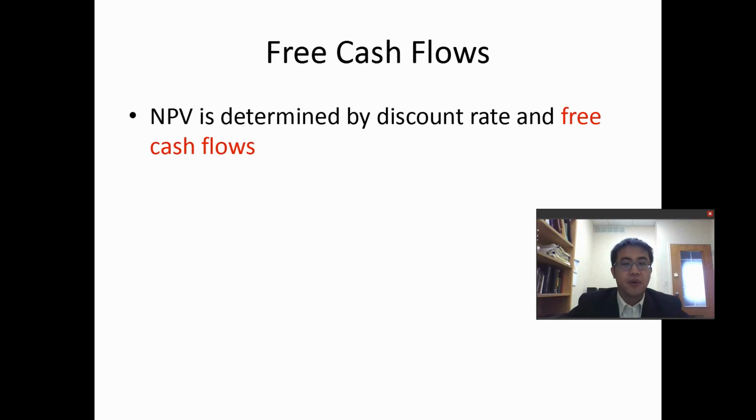So the first thing we want to know here is free cash flows. Our NPV is determined by the discount rate, which is the cost of capital. We learned that in chapter 10, and the free cash flows.